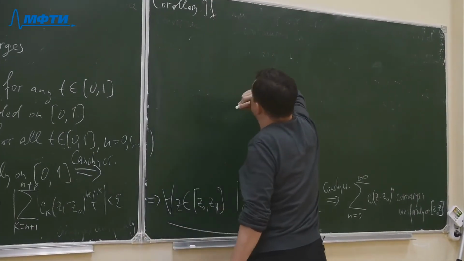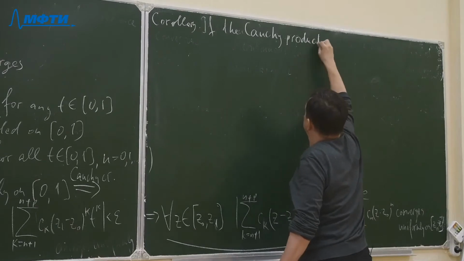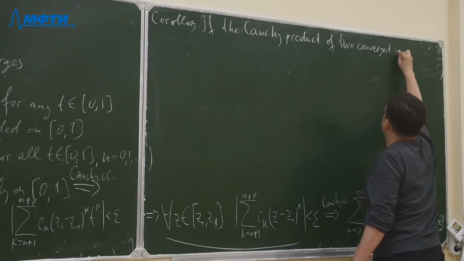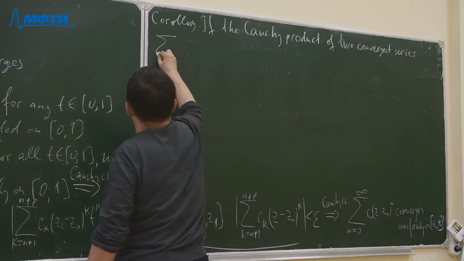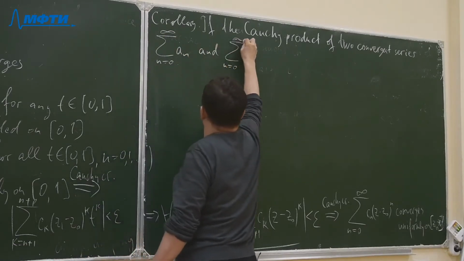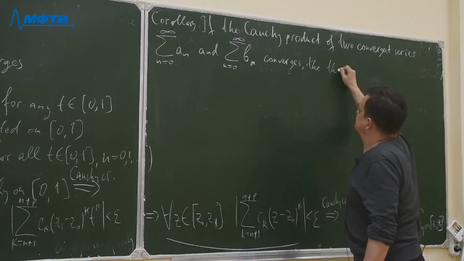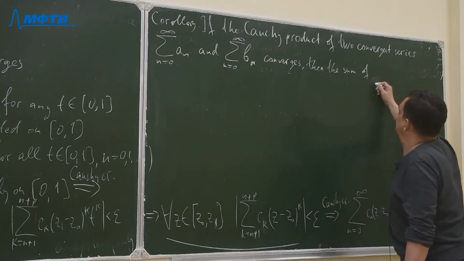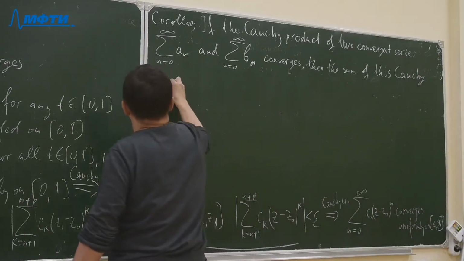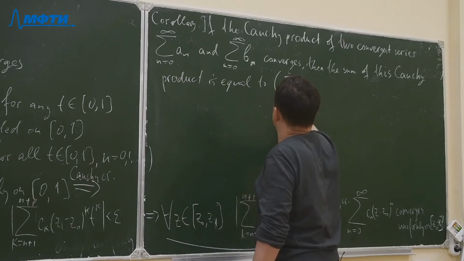If the Cauchy product of two convergent series a_n and b_n converges, then the sum of this Cauchy product is equal to the product of the sums.